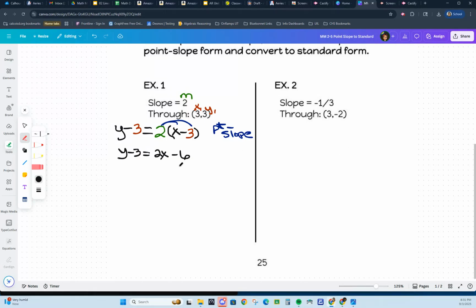From there, we need to move this 3 to the other side. So we're going to add 3 to both sides.